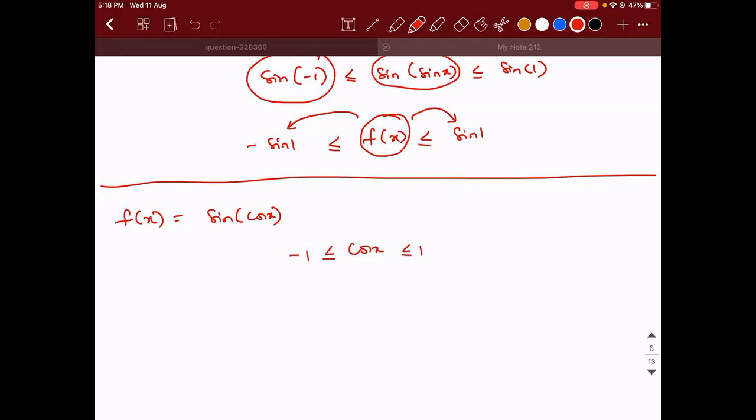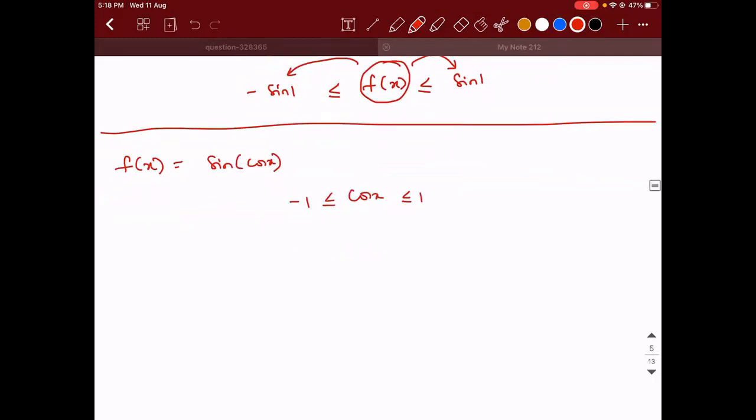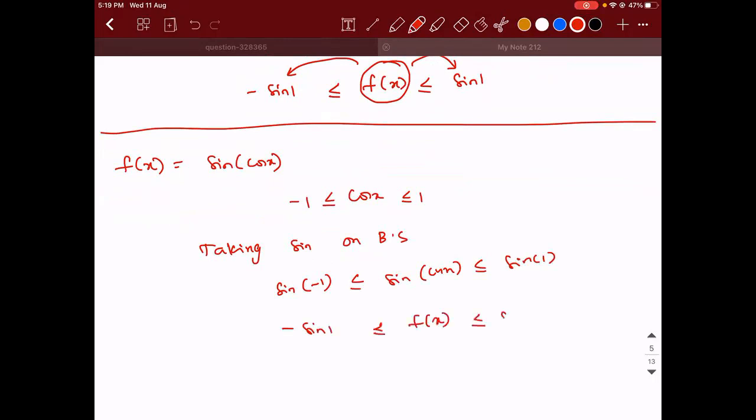Generally, these kinds of problems come with sine and cos only, because with tan you will have infinity. Now taking sine on both sides, you get sine of -1 less than or equal to sine of cos x less than or equal to sine of 1. What will you get? Minus sine 1 less than or equal to f of x less than or equal to sine 1. Correct? Yes, sir.